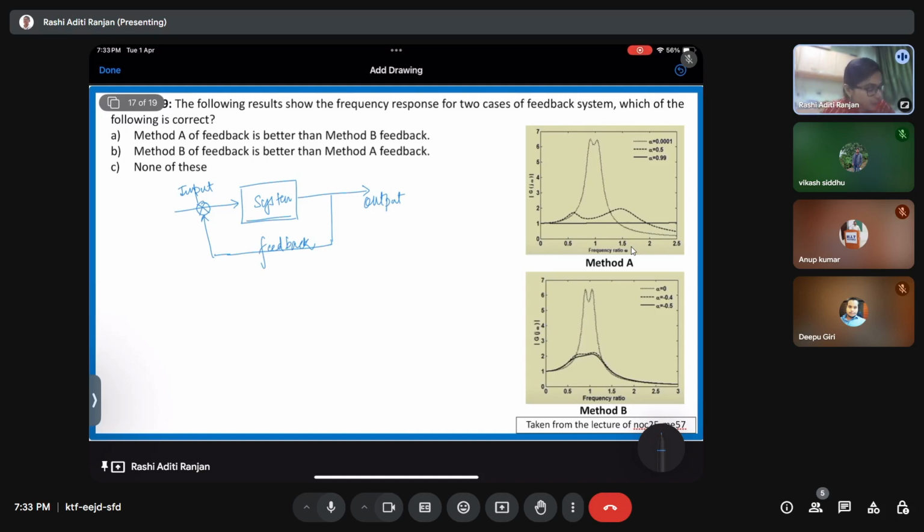The first one is for the acceleration feedback. Second one is for displacement feedback. Okay. First question is what is acceleration feedback? So this is my system.